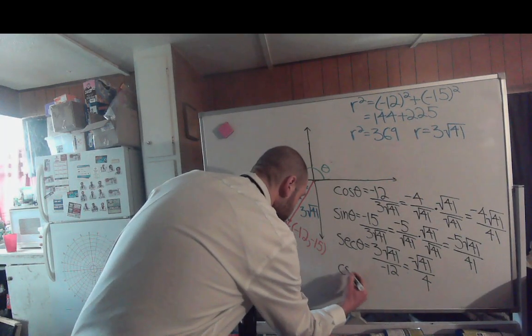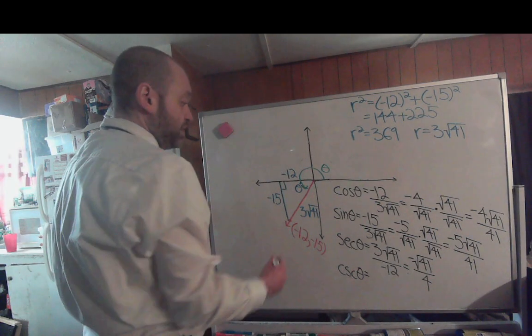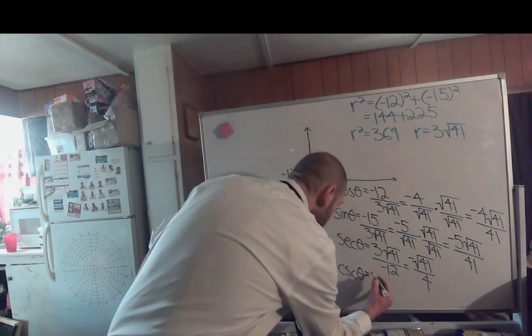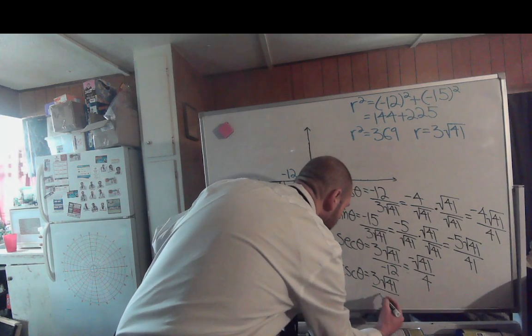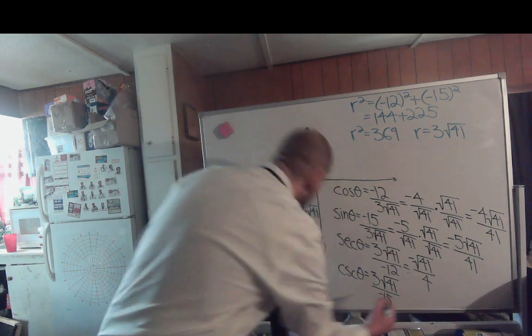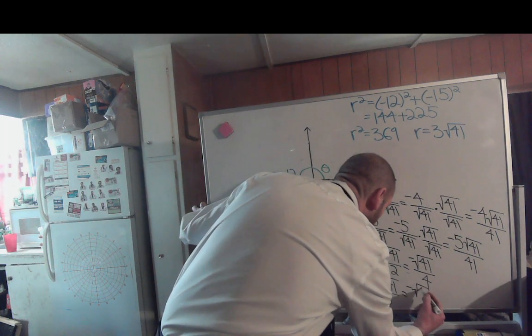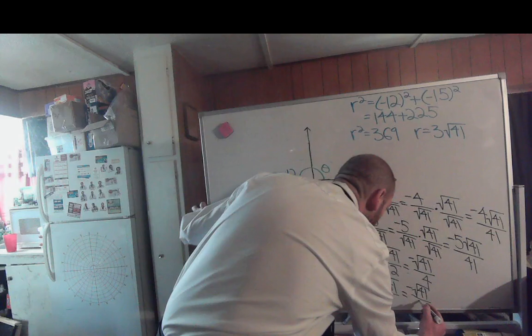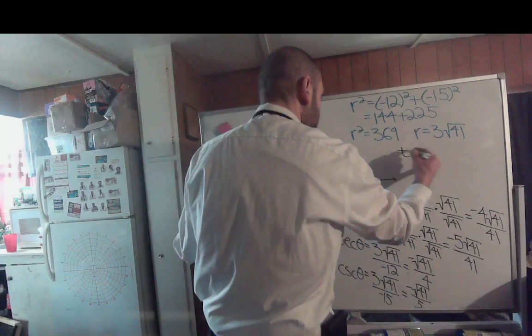Let's find the cosecant of theta. That would end up being your hypotenuse over opposite, so that'd be 3 times the square root of 41 over negative 15, which would end up giving you negative of the square root of 41 over 5. And then we can easily find tangent and cotangent.